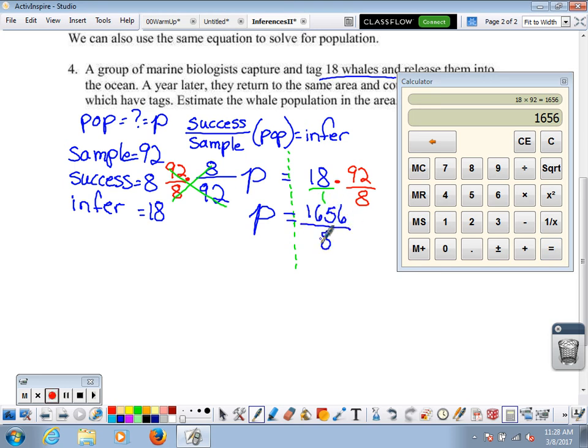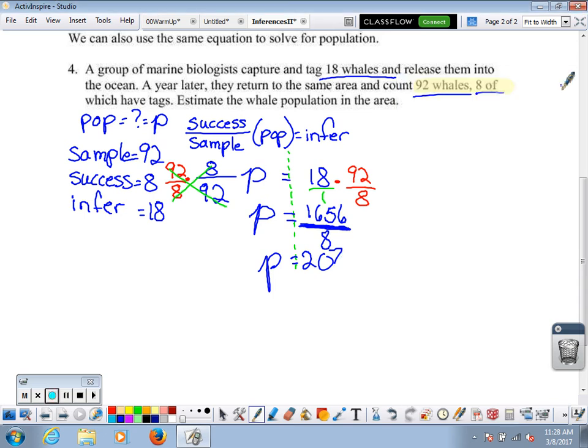And if I do 1 times 8, I get 8. So now, I'll take that 1,656, and we know that this fraction bar means divide. So we'll divide 1,656 by 8, and we'll get 207. So that's our population size.